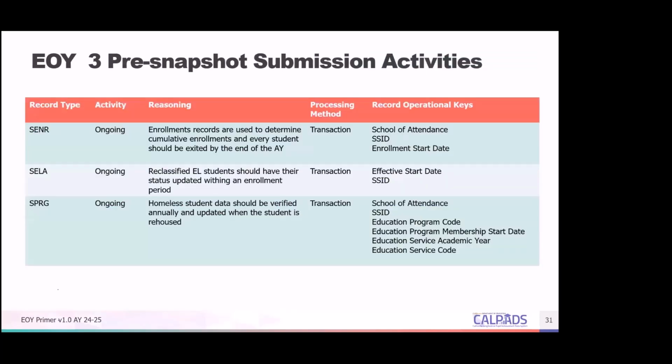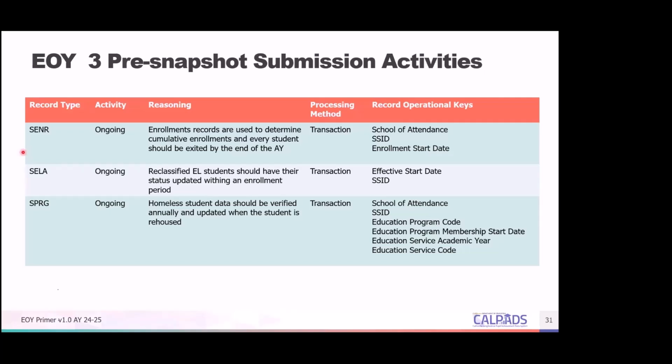So this slide contains your end of year three pre-snapshot, pre-May 6th submission activities. Student enrollment or SENR data that is submitted throughout the year is used again to calculate cumulative enrollment. However, student exit information is required to certify end of year three.